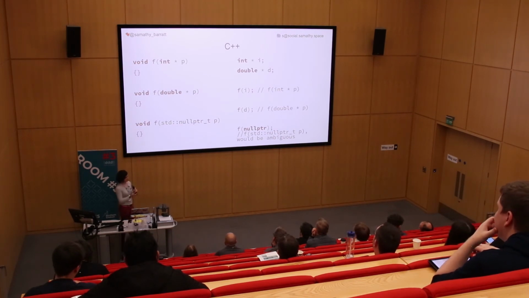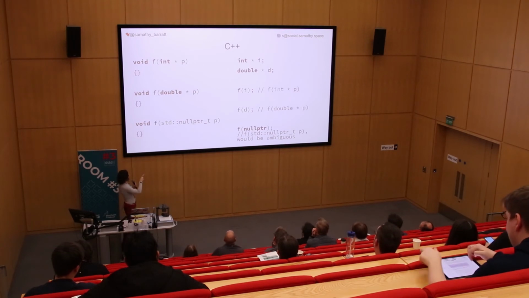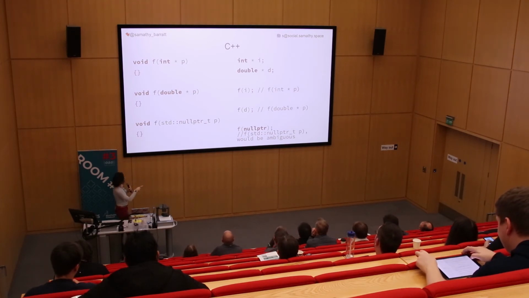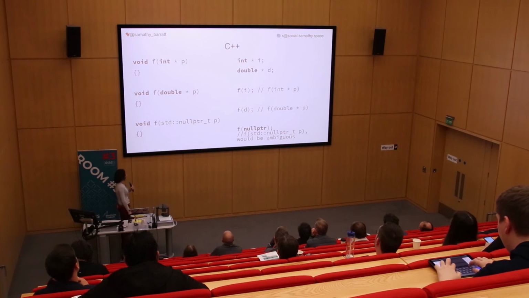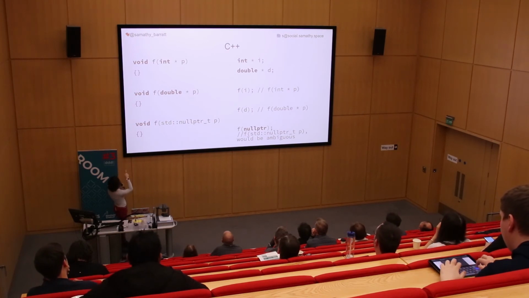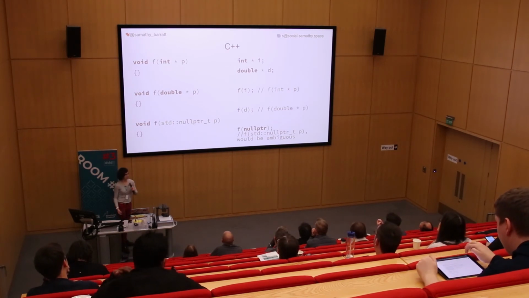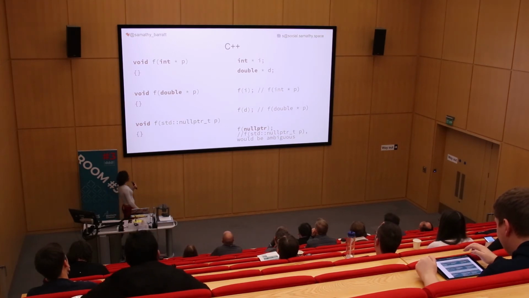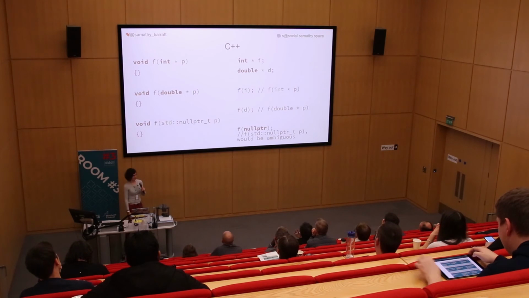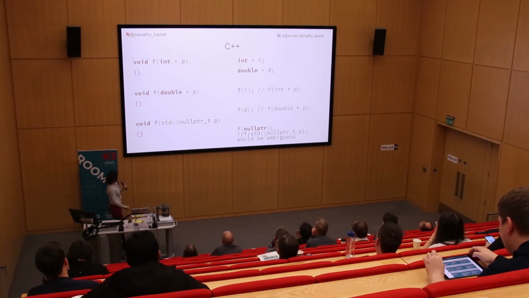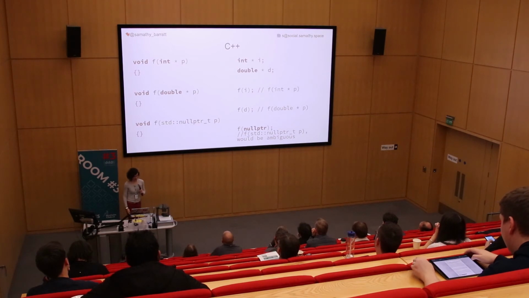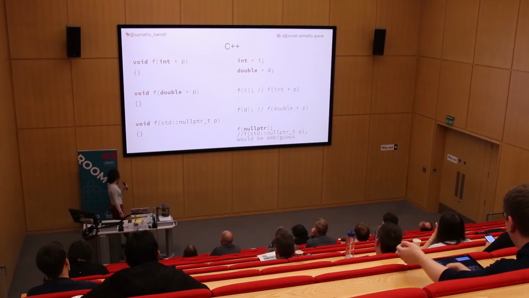In this case, we're using pointers, right? So if I call function f and pass in an integer pointer, as we've got on the right-hand side here, it will call the first function, which takes an integer pointer. Great, cool. If I pass in a double pointer, C++ will go, aha, yes, I know what you mean. You want me to call the function f that takes a double pointer. Cool, great, I can do that. That's nice.